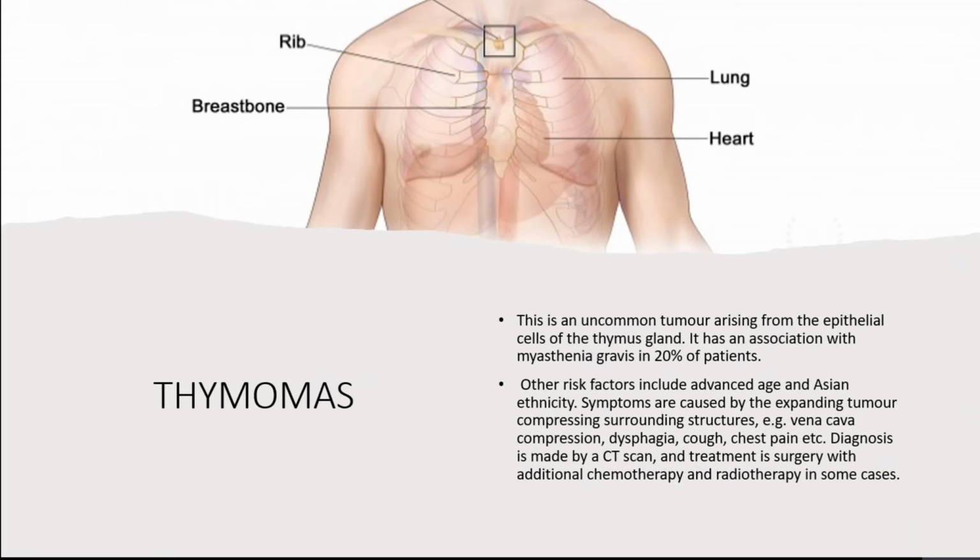The main symptoms are caused by the expanding tumor compressing surrounding structures, like vena cava compression, dysphagia, cough, chest pain, etc. To diagnose this pathology, we can use a CT scan. And the treatment is basically surgery, with additional chemotherapy and radiotherapy in some cases.